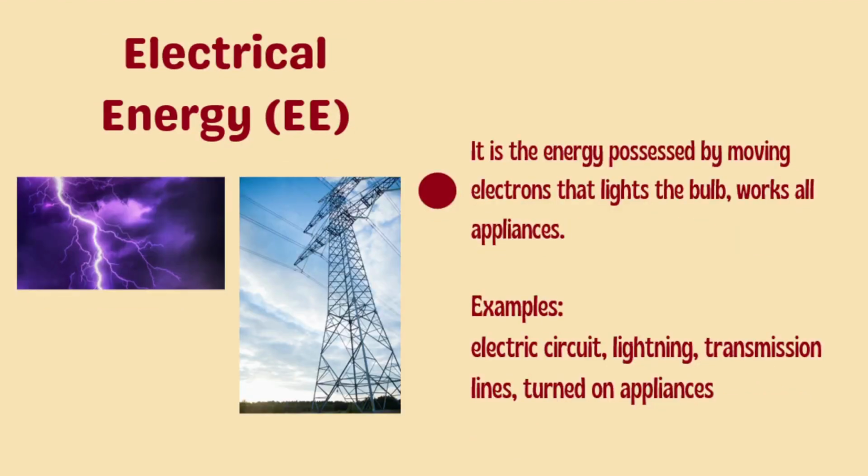It is the energy possessed by moving electrons that lights the bulb and works all appliances. Examples: electric circuit, lighting, transmission lines, and turned on appliances.